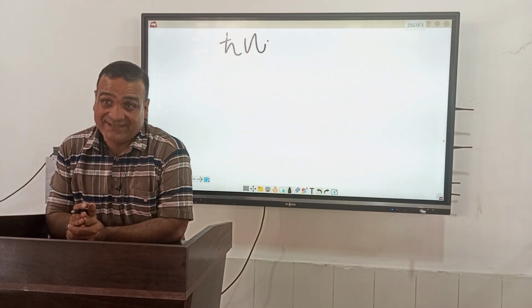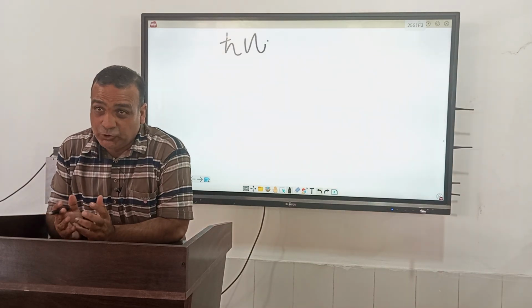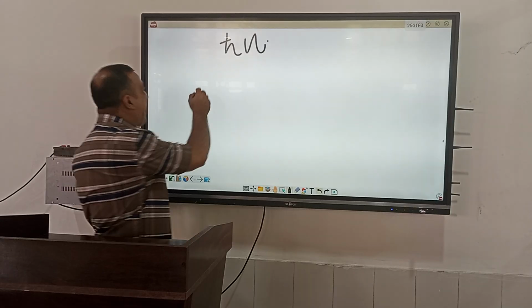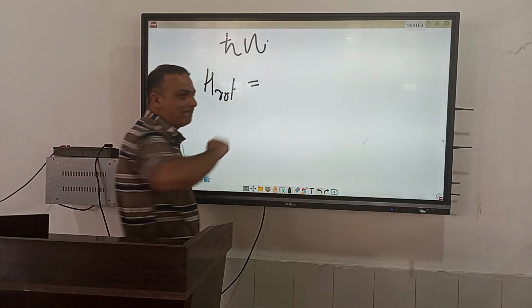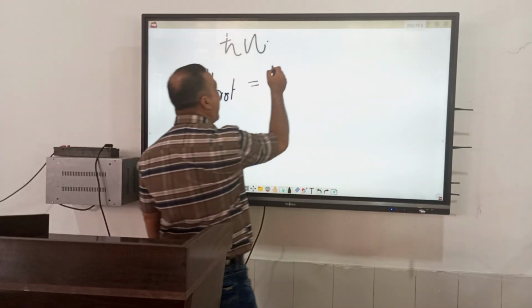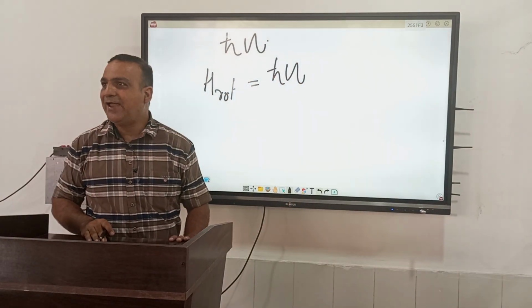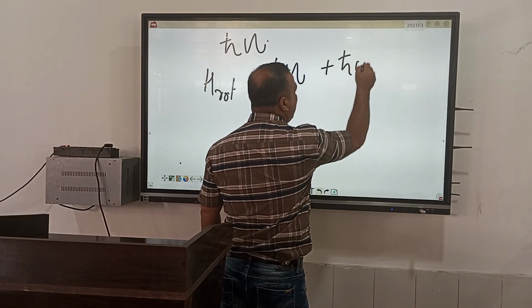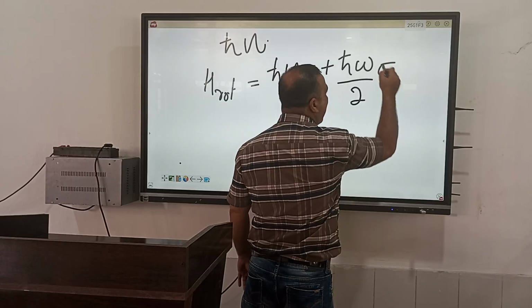You can do it as an exercise, in your tutorials. So what is h rotational obtained from here? It's obtained as h cross omega, plus h cross omega by 2 sigma z.